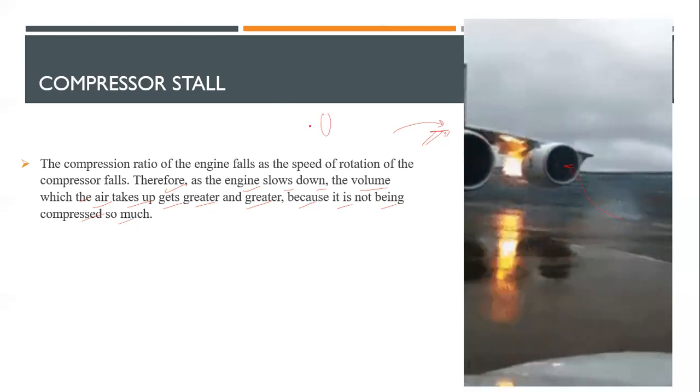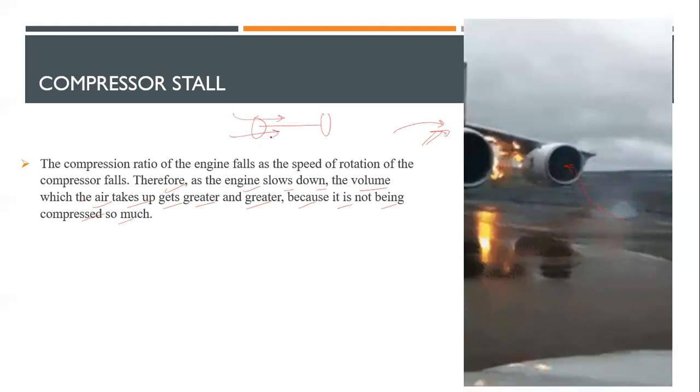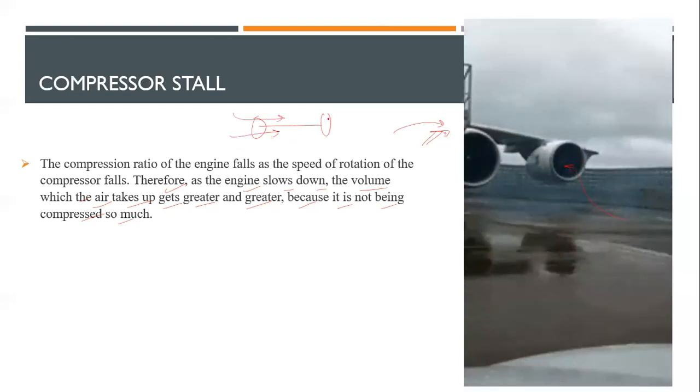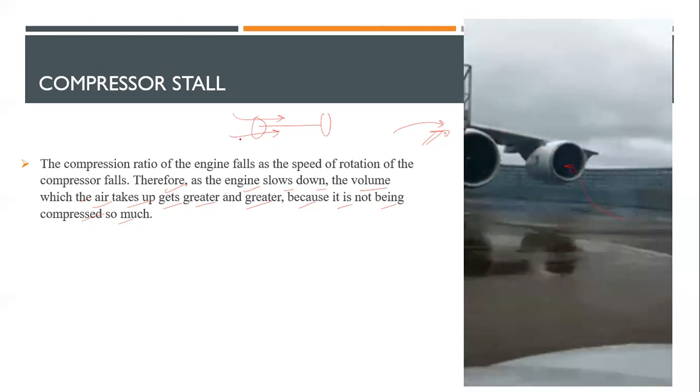Only when the turbine spins will the compressor spin. So when the air was sucked in instantly, the compressors were not even doing their job. The compressor's job is to compress the air. When there was no compression, we had this thing called stall. And when one of the sections stalls, we have something called, just a minute.